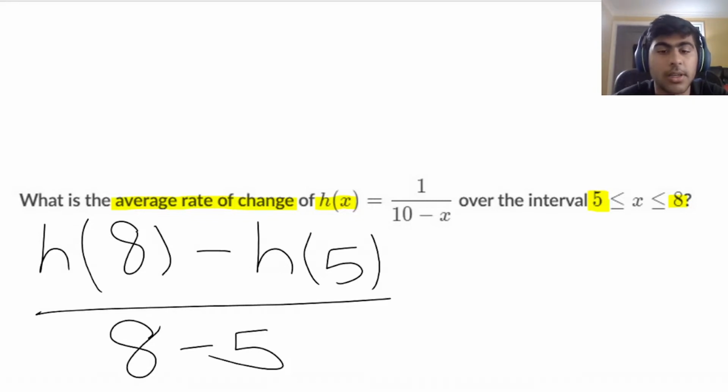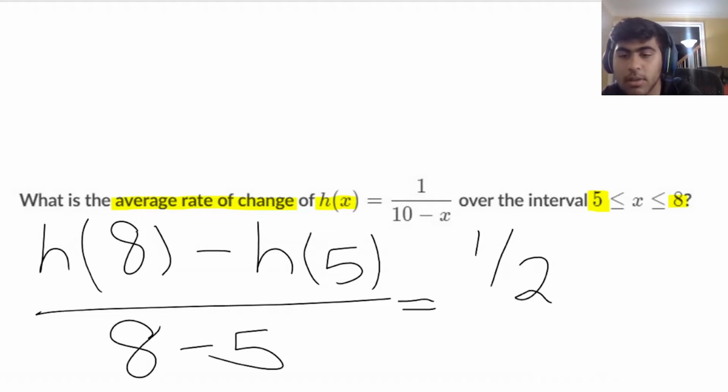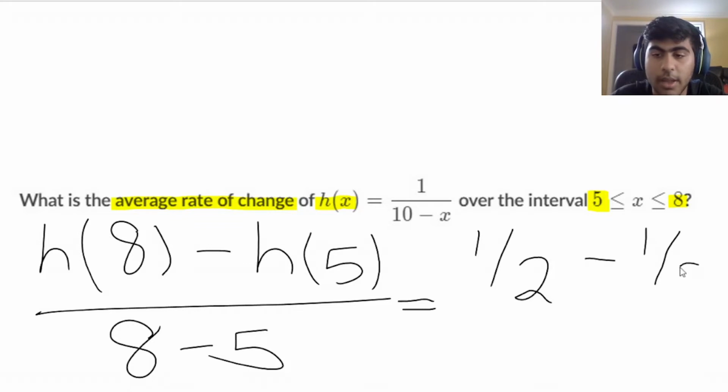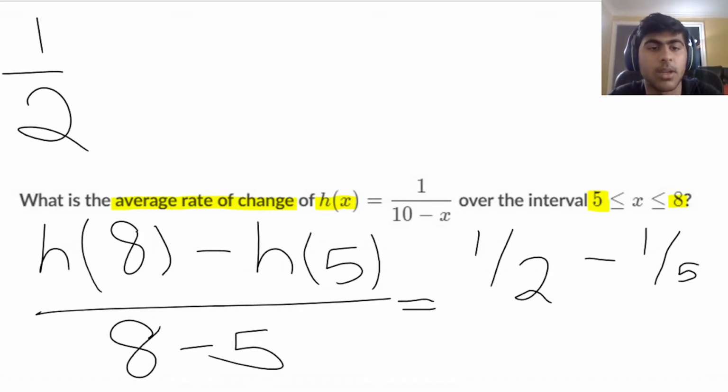This is more generalized. Now if we plug in x equals 8, that's 1 over 10 minus x, 1 over 10 minus 8, 1 over 2, or 1 half, minus, I plug in 5, that'd be 1 over 10 minus 5, which is 1 over 5. Now 1 half minus 1 over 5, I'm going to write it up here at the top. Half minus 1 over 5.